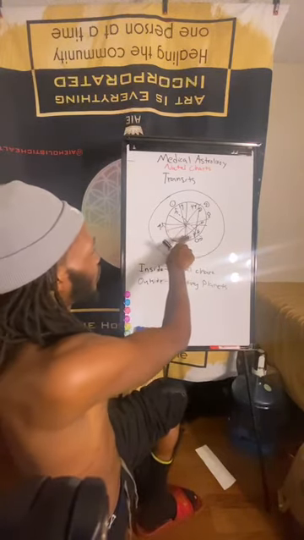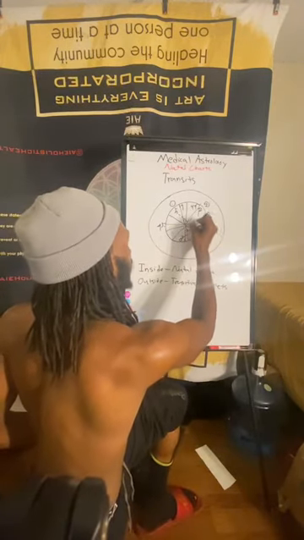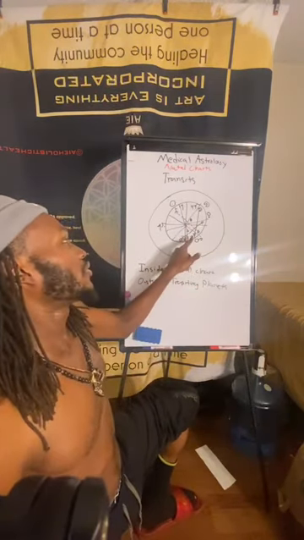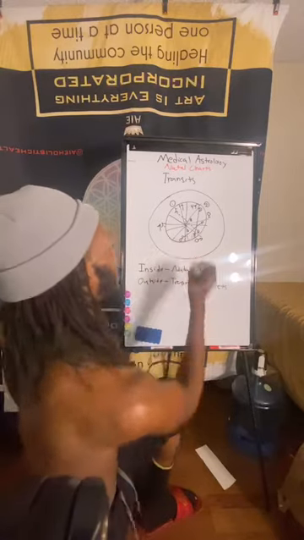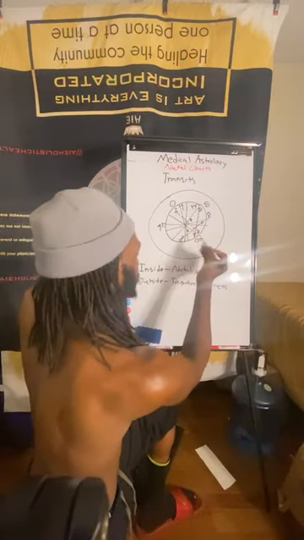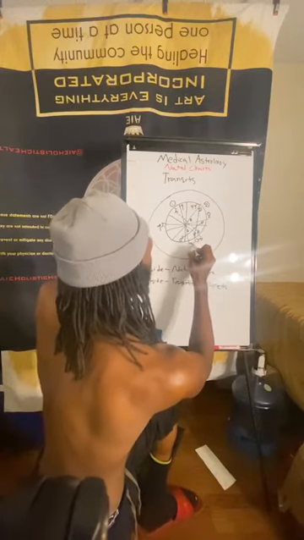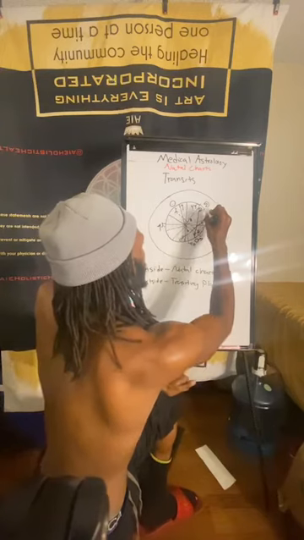Say your Mercury is in the 5th house, 1, 2, 3, 4, 5. Remember, the 5th house is creativity. And say yours is Leo, let's keep it simple, and this one is Scorpio.